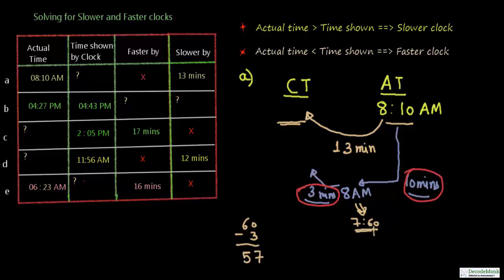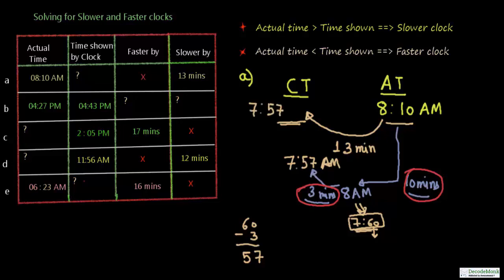So from 60, if we go back 3 minutes, it is not correct to write 7:60, but for calculation purposes we can consider 8 am as 7:60 am, and 60 minus 3 is 57, and it is equal to 7:57 am. So the clock timing will be 7:57.